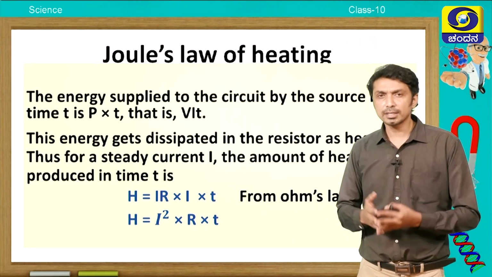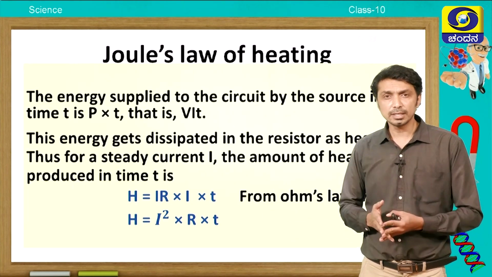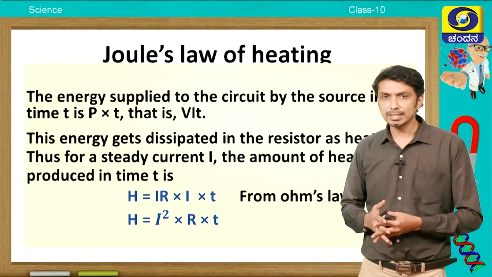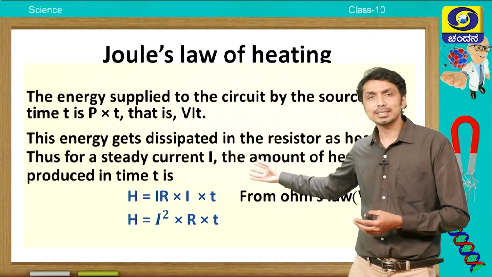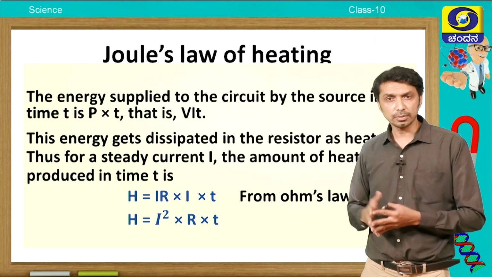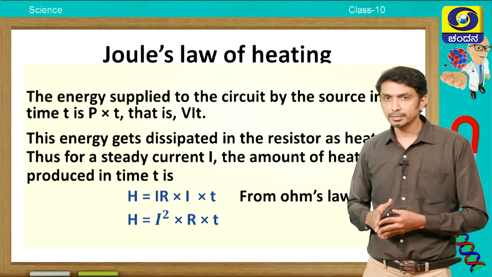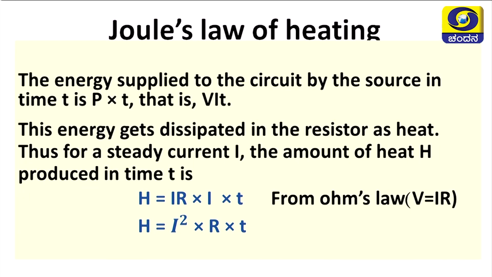As I earlier said, when you are considering a circuit with resistors, whatever electrical energy is supplied to the circuit, what will happen to it? Yes, you have the right answer, I think. The electrical energy, when it is flowing through the resistors, more collisions result in more heat.